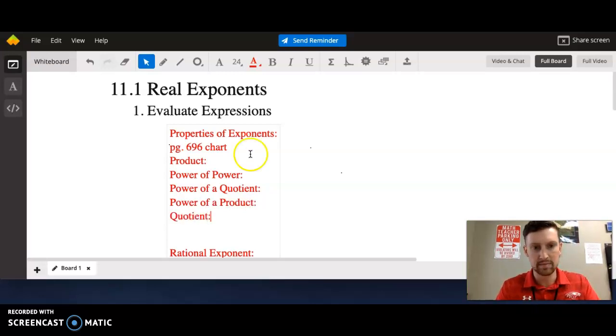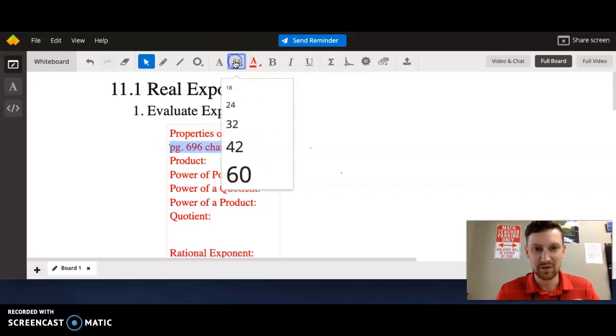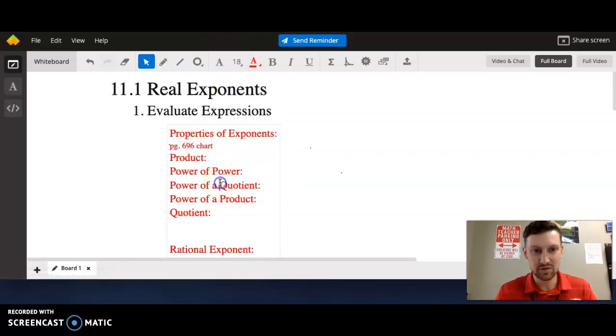If we were all together, as we usually are, we would go over each of these and review product, power of a power, power of a quotient, power of a product, and what that means. Product, remember you add the exponents. Power of a power, multiply. Power of a quotient, distribute.